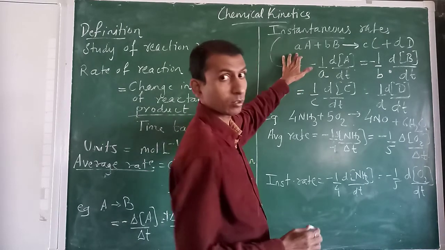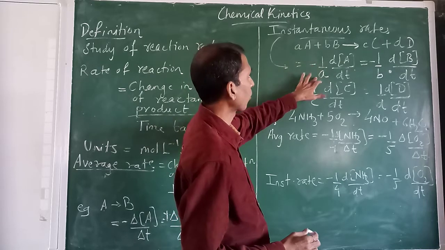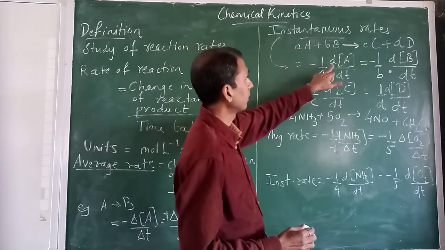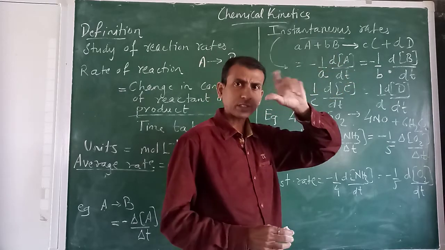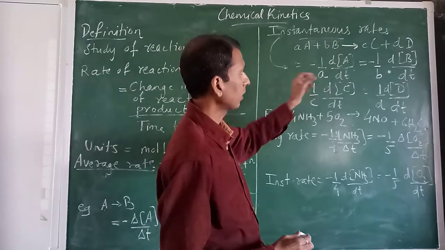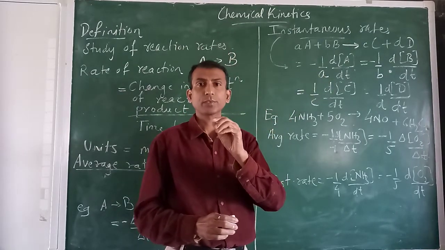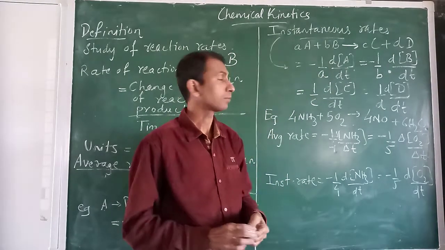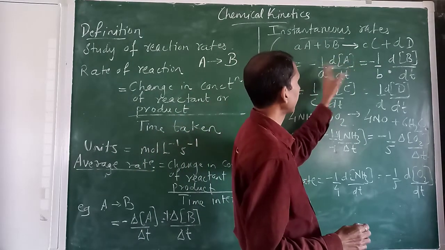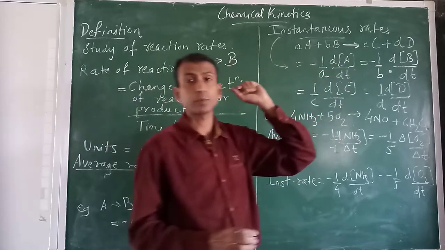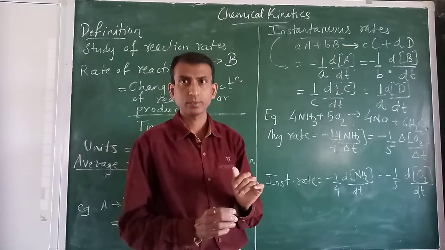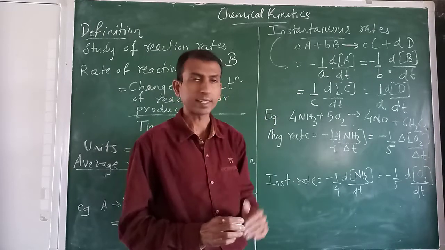Instantaneous rate for this general reaction is equal to minus 1 upon a, the coefficient of reactant A, dA by dt. Differential change in the concentration, and differential change in the time. That will be equal to again minus. So minus sign here and minus sign here for the reactant, because again the reason remains the same: the concentration of reactants is going on decreasing.